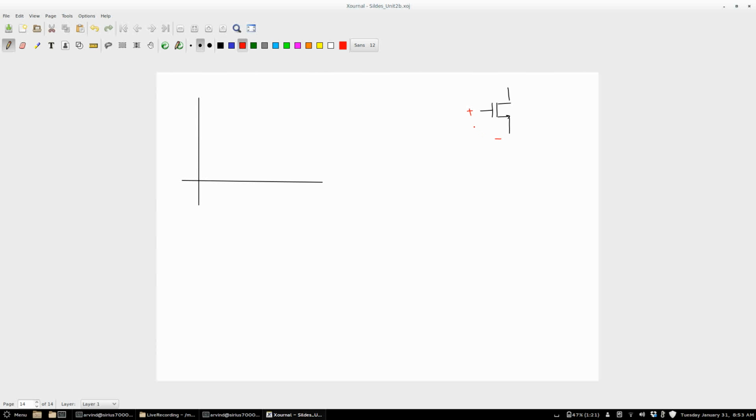Okay, and I have my transistor. Now my notation. I am going to look at total voltage. So if I put total voltage, what is my nomenclature? Small v, capital G, capital S, right? Small v, capital D, capital S. Currents, small i, capital D, right?